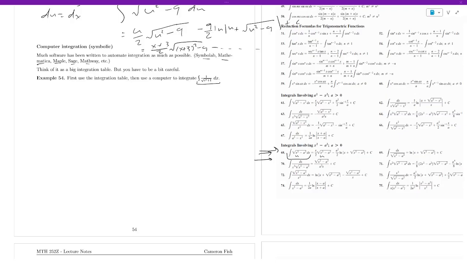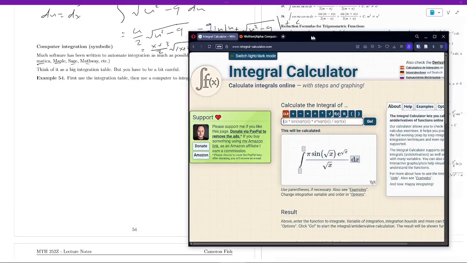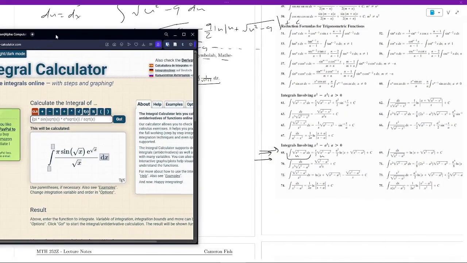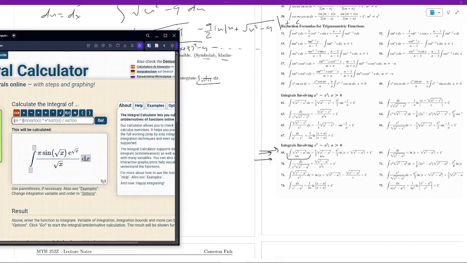Okay, so let's see what it looks like to use some integration software to find this integral. I've pulled up integral-calculator.com. I like it, it's a pretty good one. I like that it will show you the steps, which we'll see in a sec. So let's type this integral in. Part of knowing how to do this is knowing how to actually type it in.